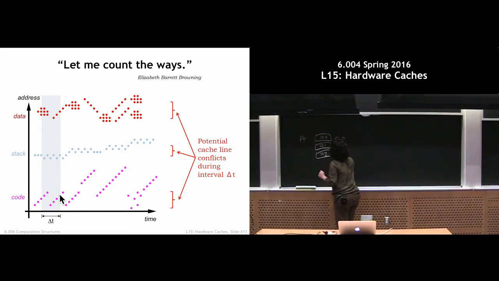These are actually instructions that are close to each other in memory. Let's actually do it in binary. Let's say these were my addresses, okay? So what's going to happen is that when I map into my cache, this address is going to map to index 0. This next one is going to map to index 1, and this one after that is going to map to index 2, okay?